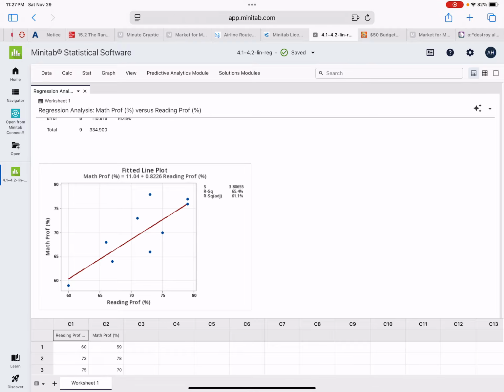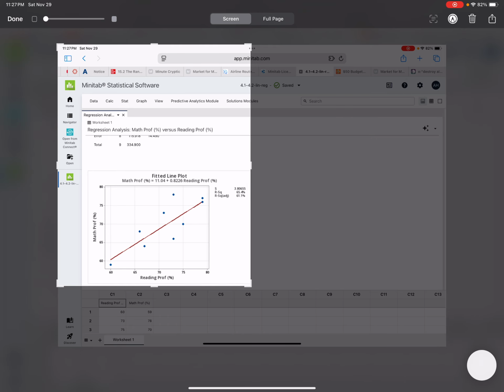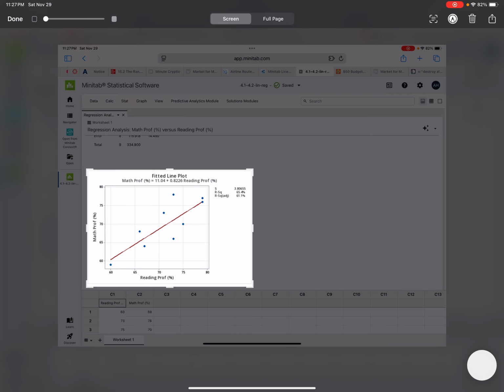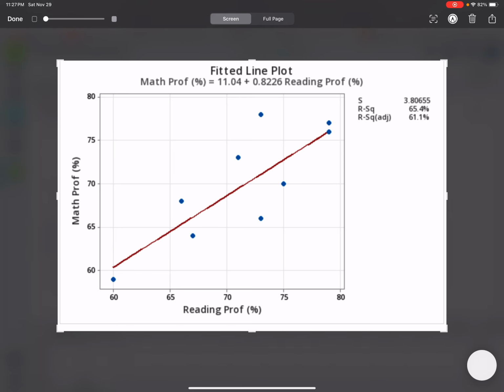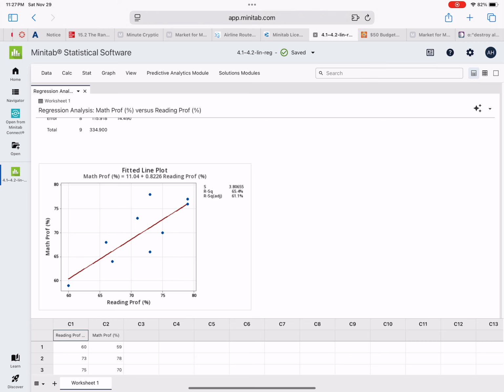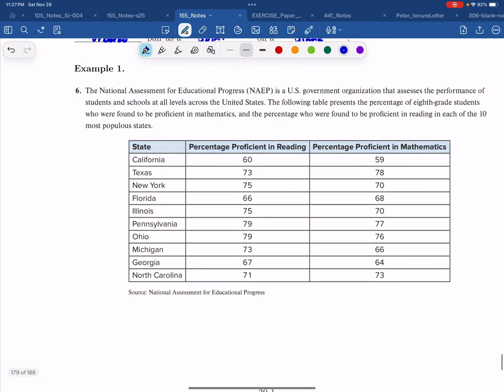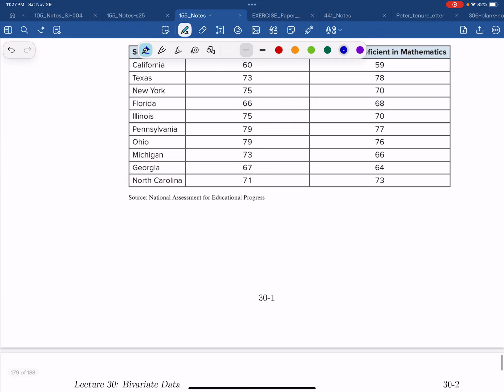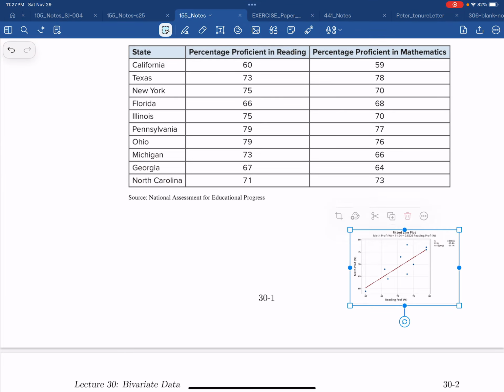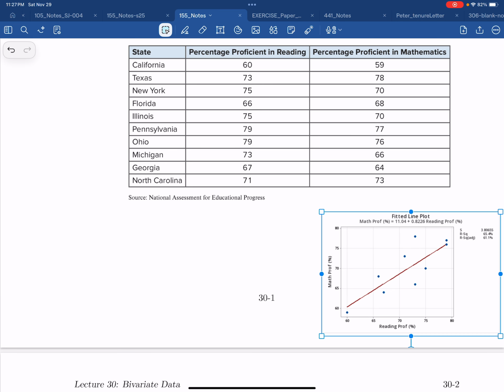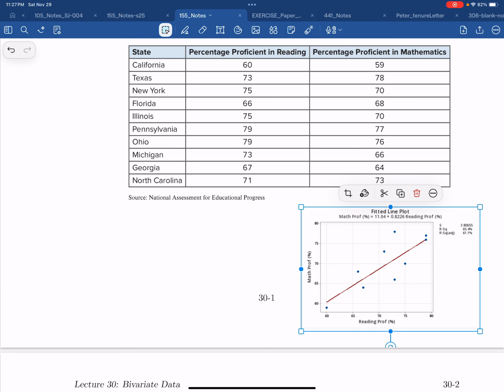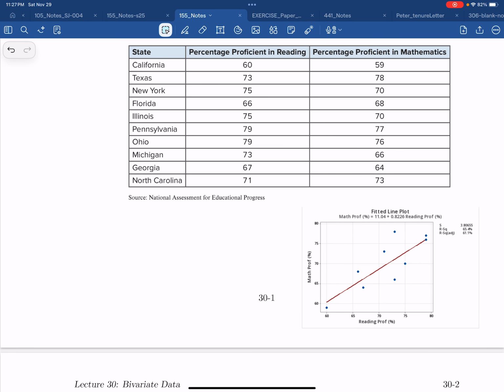So let's go ahead and screenshot this and copy paste this. Not only did we see that there was a positive relationship, but we actually drew a line through them. So let's just write that down.